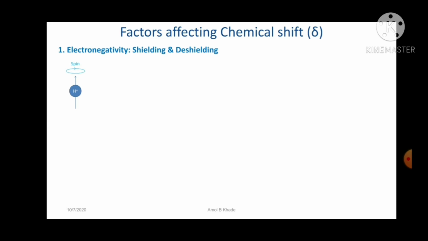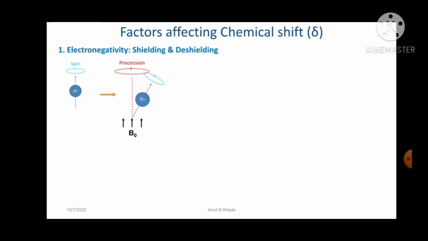In the theory of NMR, we have already seen the nucleus of the proton has a spin moment and it has a charge. So it is spinning in a gyroscopic motion and generating its own induced magnetic field. The moment we expose this spinning nucleus to an applied magnetic field B0, the gyroscopic motion of the nucleus of the proton changes to a precessional motion.